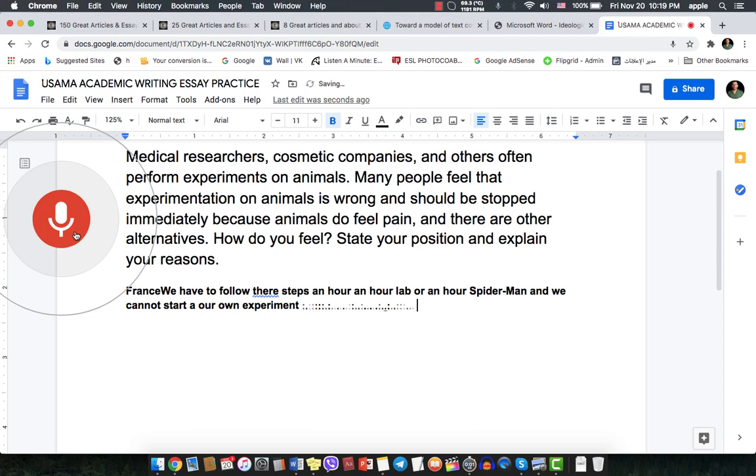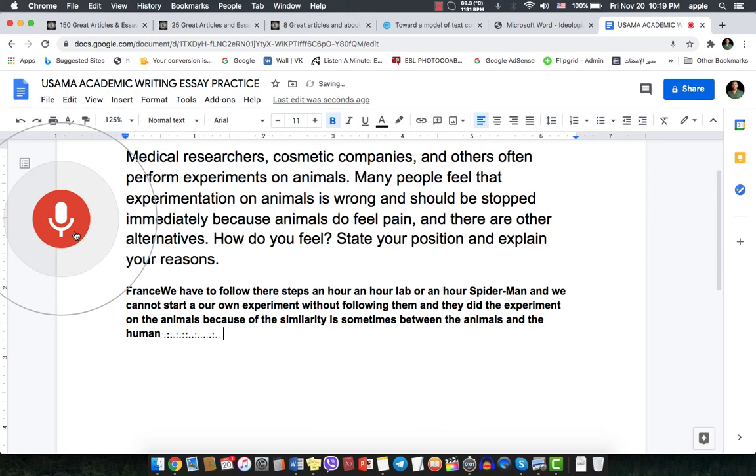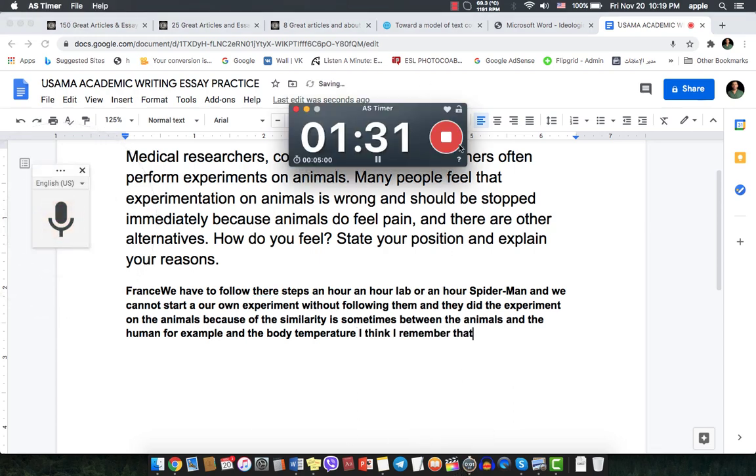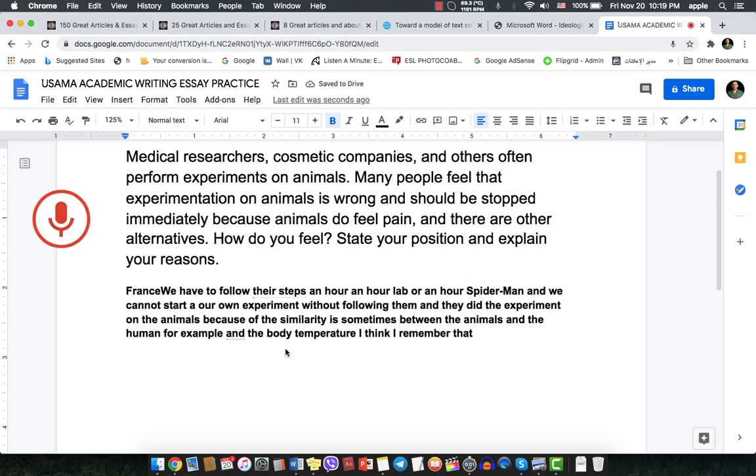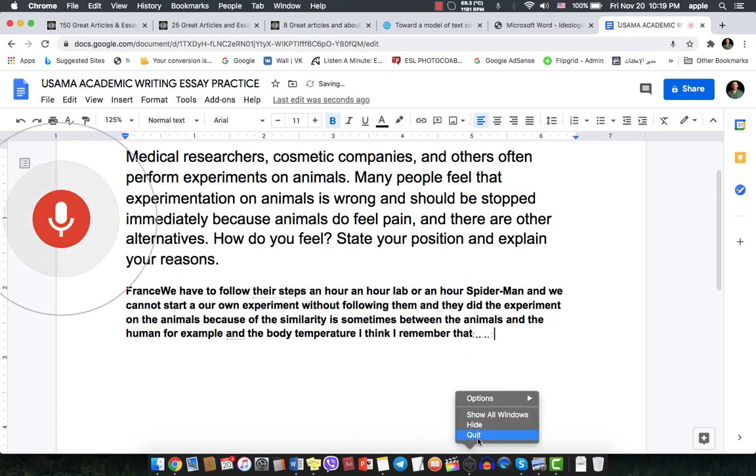And they did their experiment on the animals because of the similarities sometimes between the animals and the human. For example, in the body temperature, I remember that in the quality control center in Baghdad, I was working on the pyrogen test.